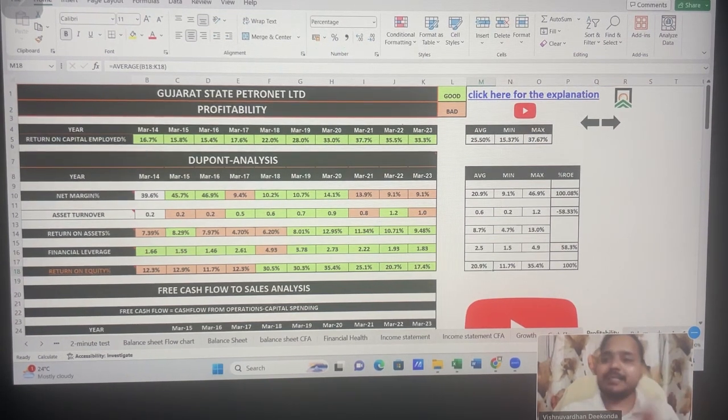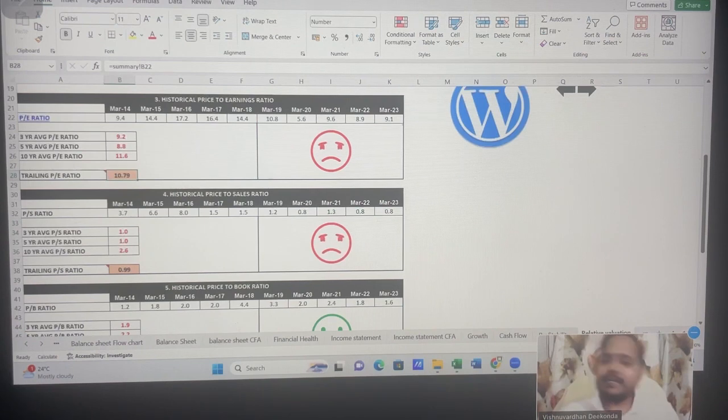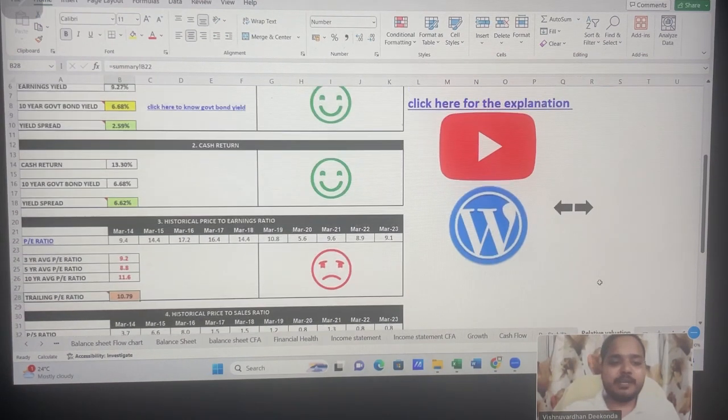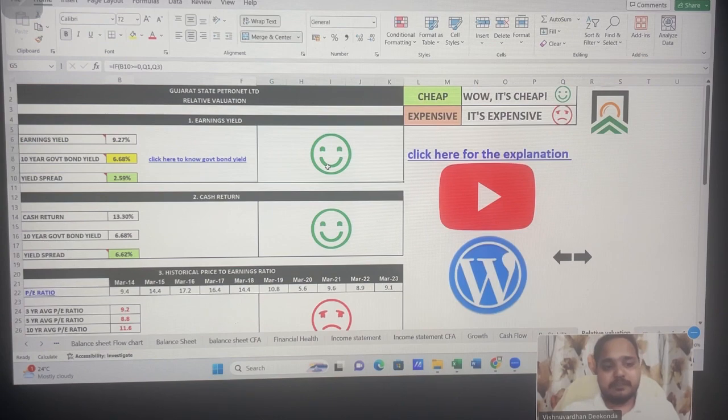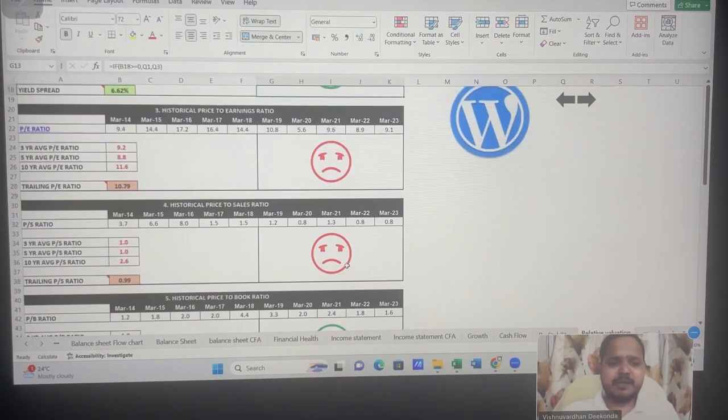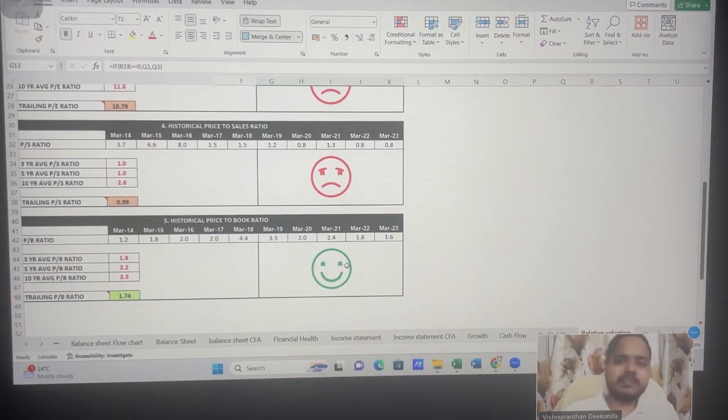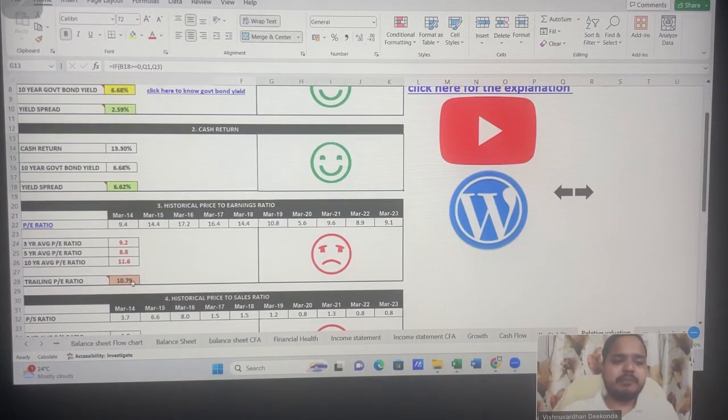Next, DCF valuation, what we call intrinsic valuation. There are two ways to value a stock: relative valuation and intrinsic valuation. For relative valuation, you can use this particular sheet, the relative valuation sheet. But let me be very honest with you. Listen to me carefully.